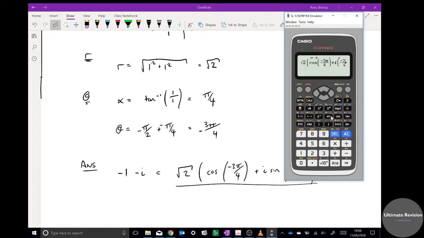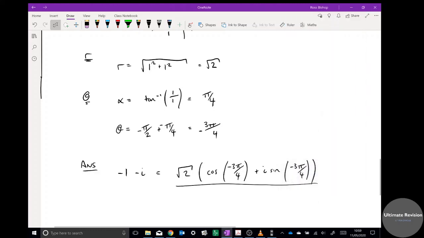Now let's see if I press equals, hopefully it gives me it straight away. So that's, again, I can just plug that in and it gives me it immediately in the Cartesian form. So I can check all of these answers on my calculator. Extremely powerful tool. Okay, so do always make use of that when you're doing these questions.